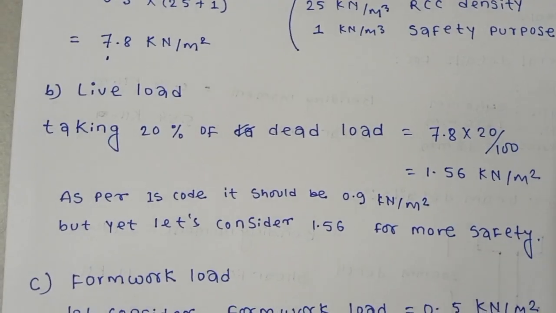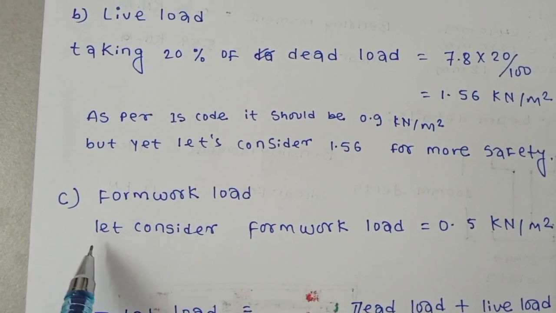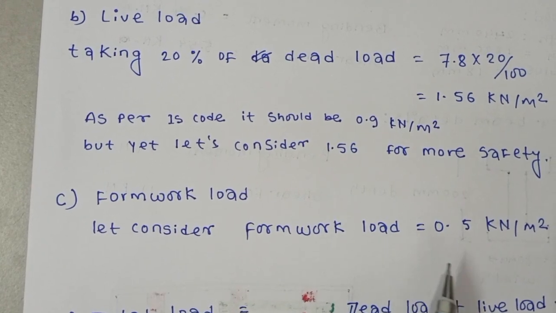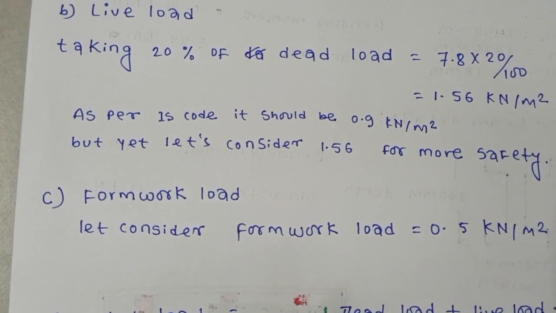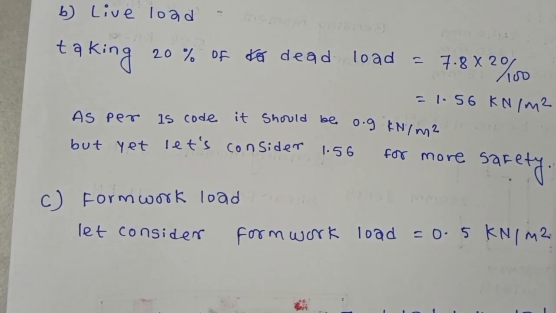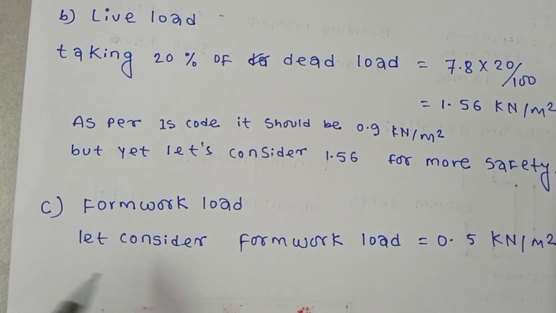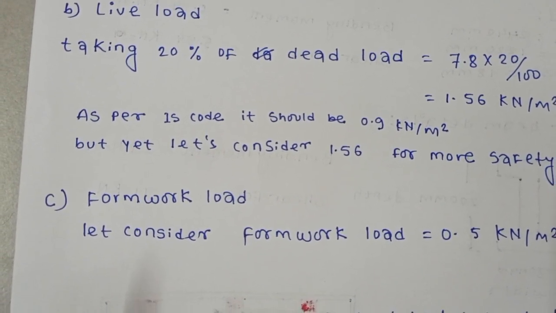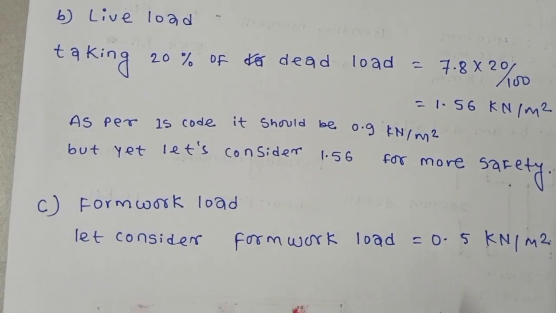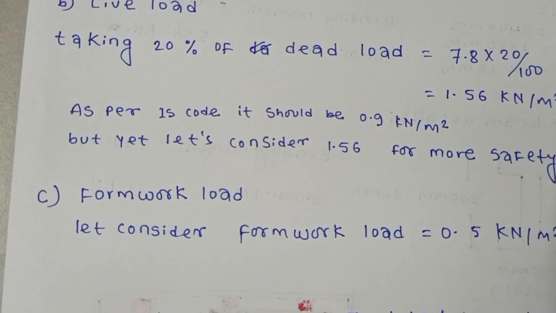Now we are going to calculate formwork load. So let's consider formwork load equal to 0.5 kilonewton per meter square. But this we can calculate by physically taking the load of plywood and all the timbers also. Currently we have assumed 0.5 kilonewton per meter square.